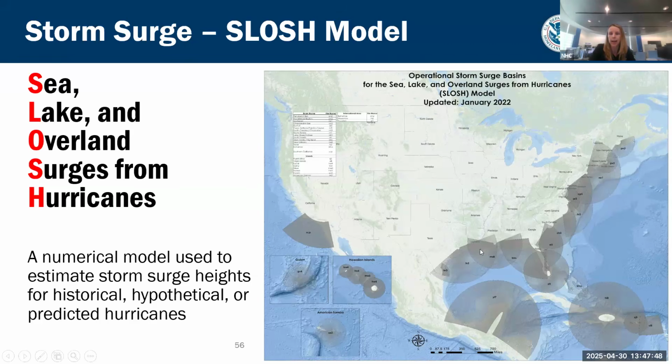You can see these shapes along the coastline, and they're broken up into different regions. So when a storm threatens in the Gulf of Mexico, we only have to run the basins in that location of interest. And so we save computer time by running this efficient model only where it's needed. We don't need to waste our computer resources running things in the Northeast when we know that the threat is in the Gulf.